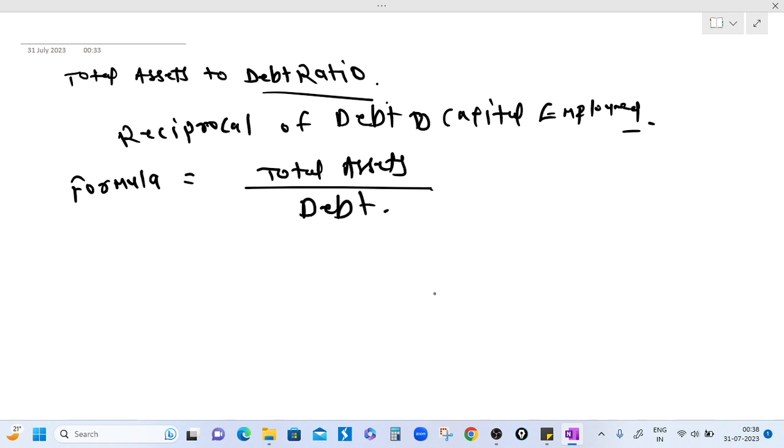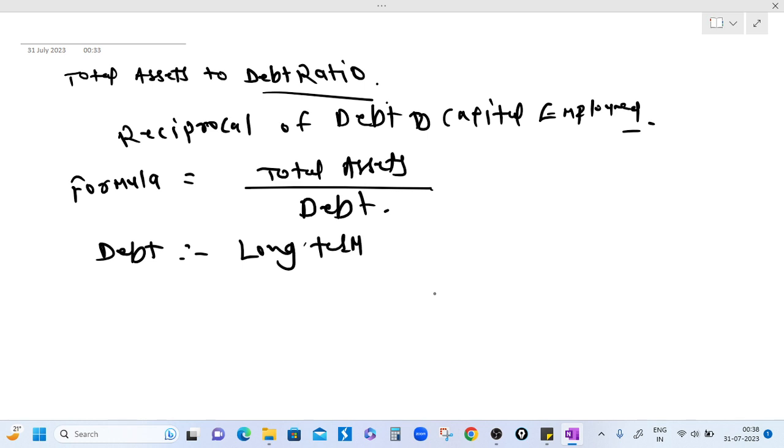So here debt means, in most of the ratios, whenever you calculate accounting ratio, debt means long term debt. Okay, whenever you are calculating, debt means long term.